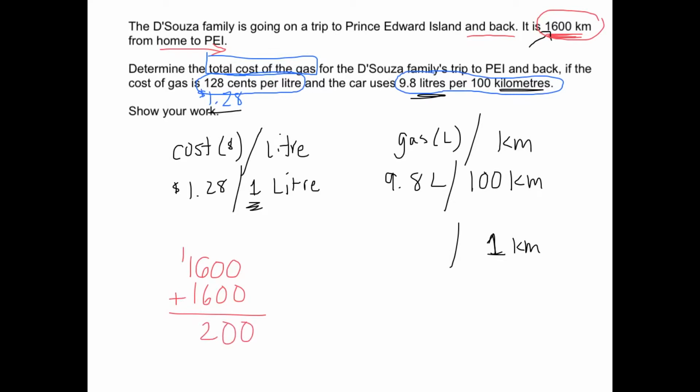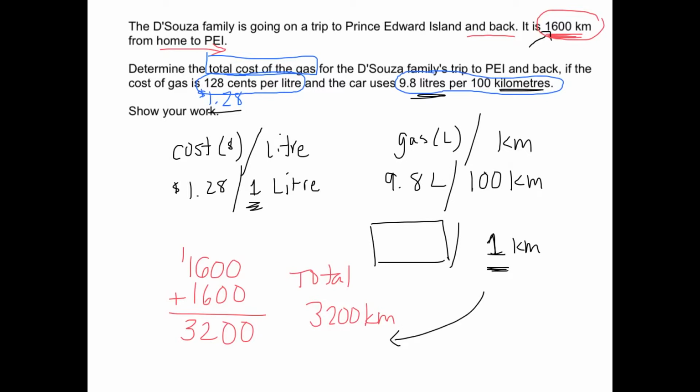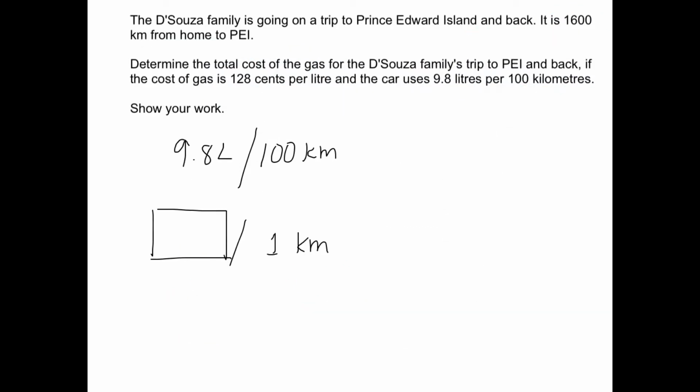Altogether, they travel 3,200 kilometers on their trip. If we know how many liters that the car uses for every 1 kilometer, how do you think this will help us to find out how many liters the car uses for 3,200 kilometers? Think about this.